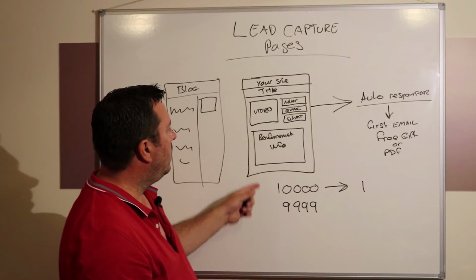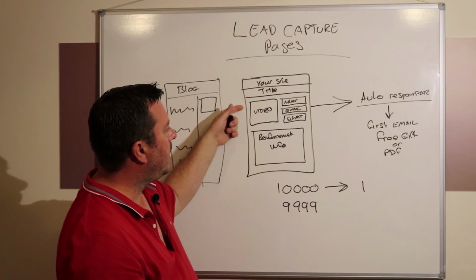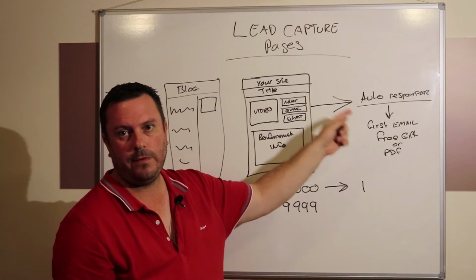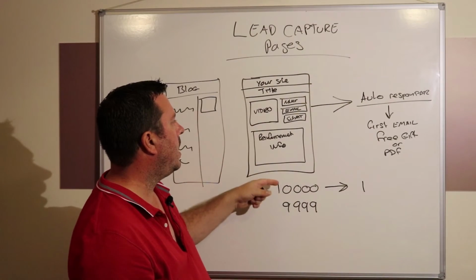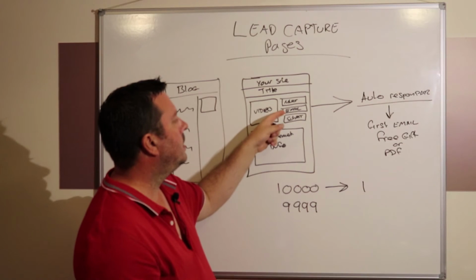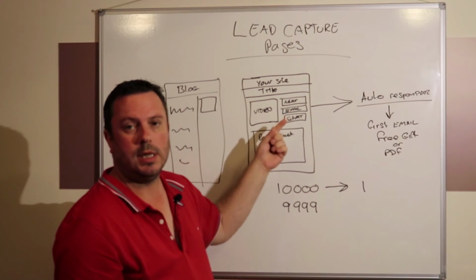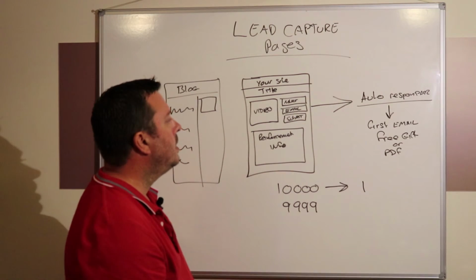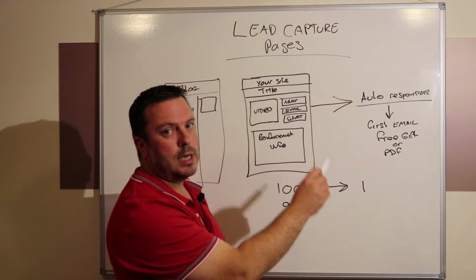Okay, but if you're giving people information for free and you're offering them something for free, you are going to get a much higher opt-in rate in your box. Now the reason you want to do this, they might not be buying because they're not in the buying mode, but they're giving you their name and email address. So that's where your autoresponder comes in.